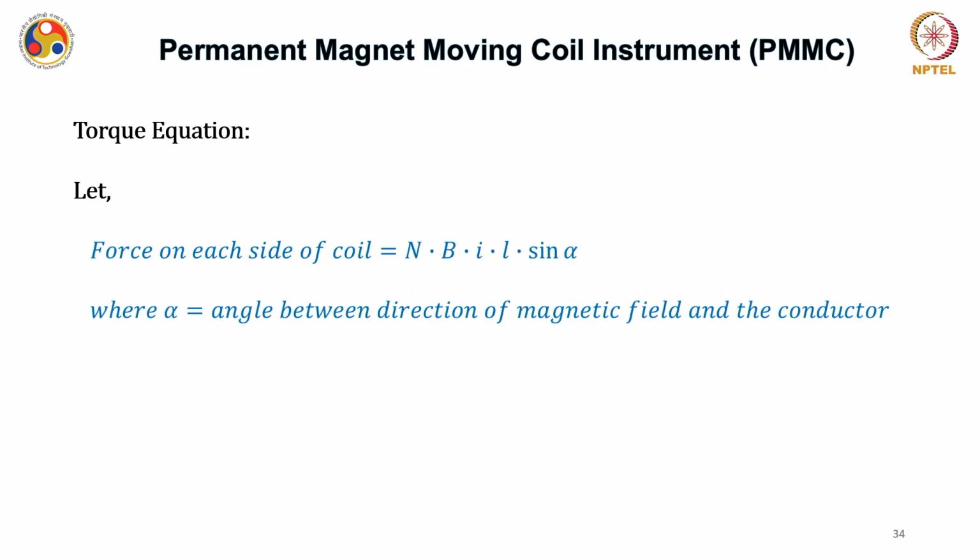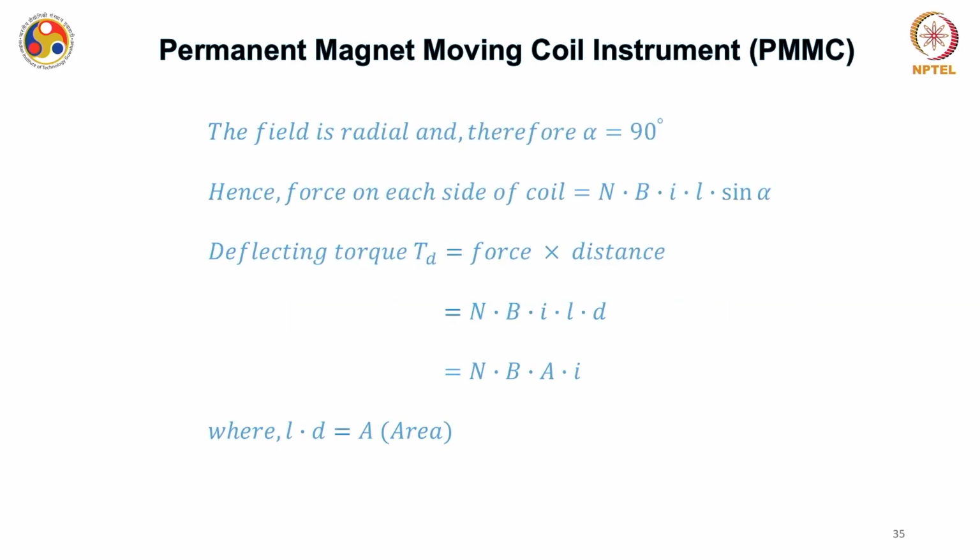So now each side of the coil experiences a force very similar to what we have seen in the case of the galvanometer, which is NBIL into sine alpha, where alpha is the angle between the direction of the magnetic field and the conductor. In this case also, the field is radial, therefore alpha is 90 degrees, and we will always see the force to be equal to NBI into L.